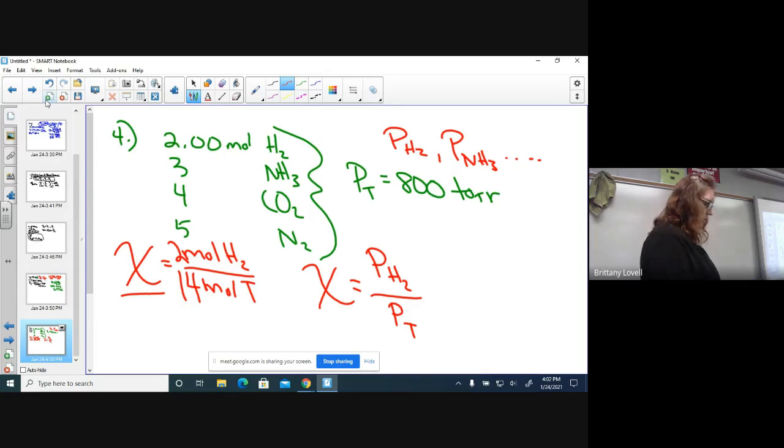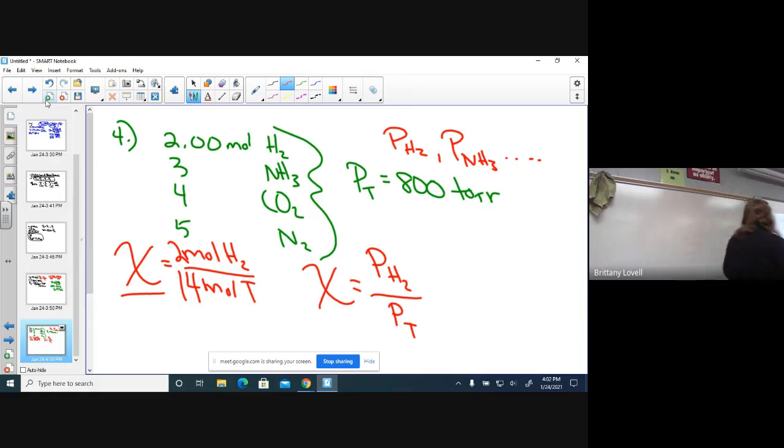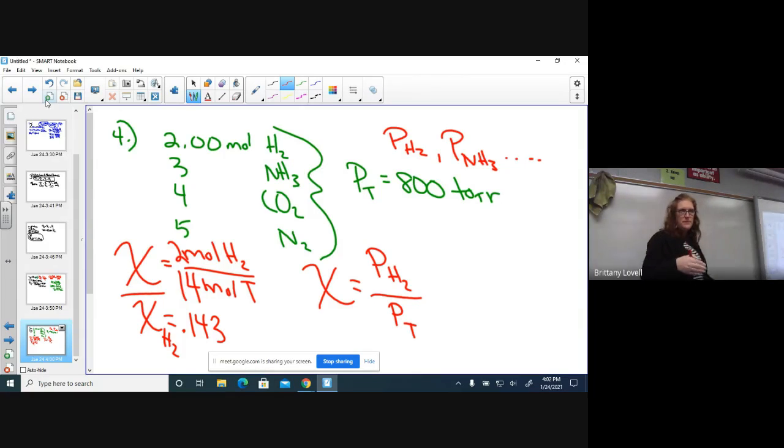It's going to be about 0.143. So that's the chi specifically for hydrogen gas. For this system, the mole fraction for hydrogen gas is 0.143.